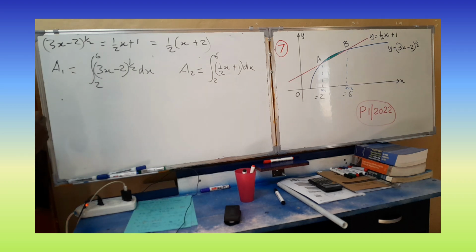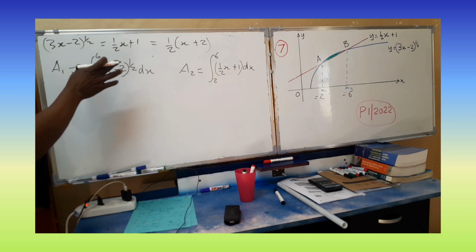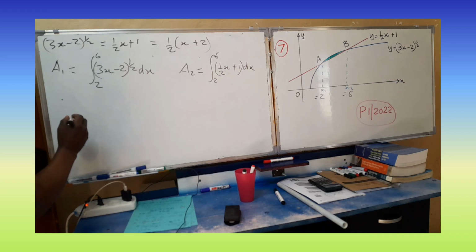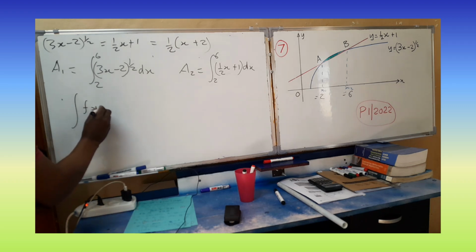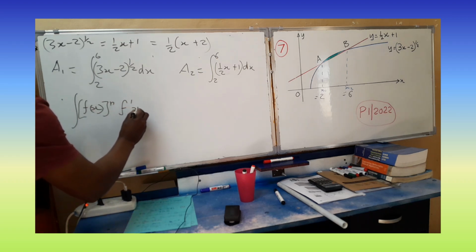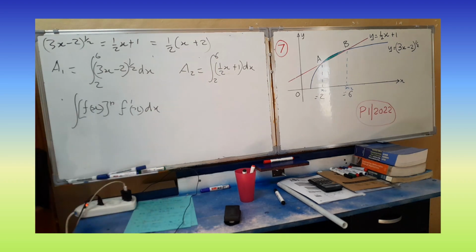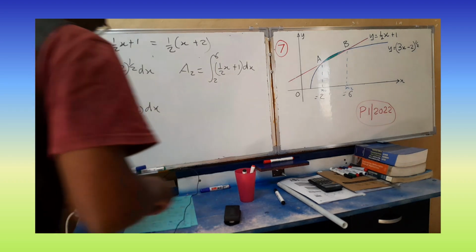We found that the integrals that lend themselves well to the change of variable method are of the form integral of f of x, maybe to some power n, multiplied by f prime of x dx.